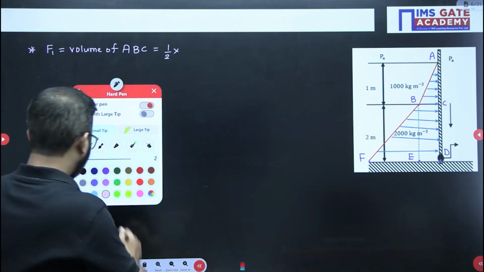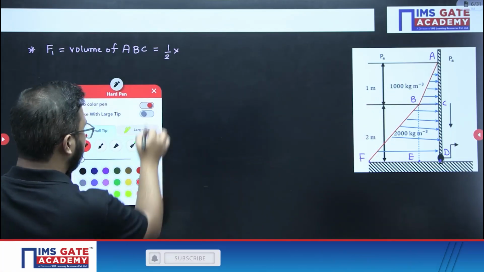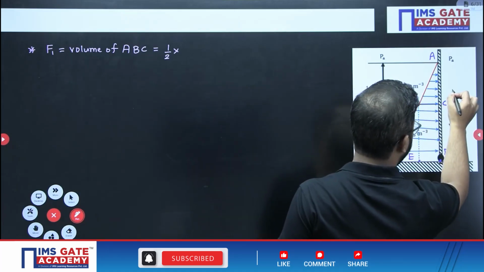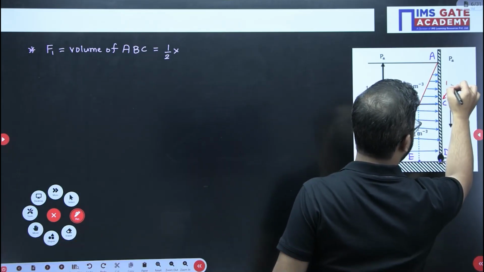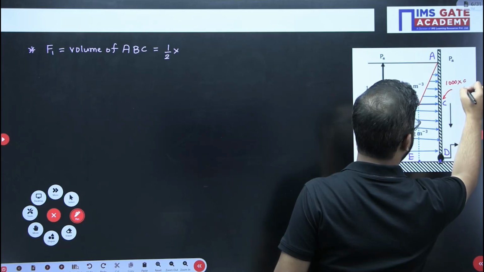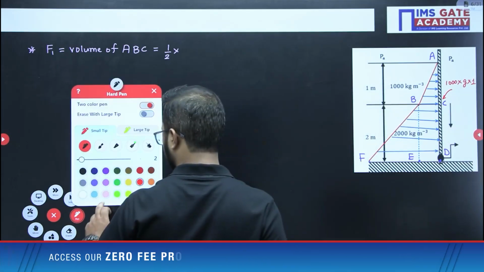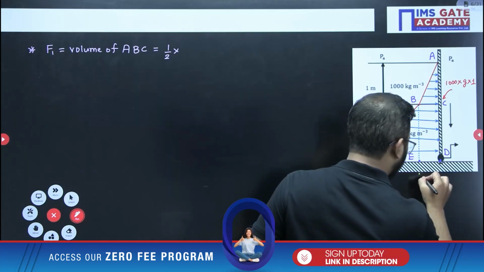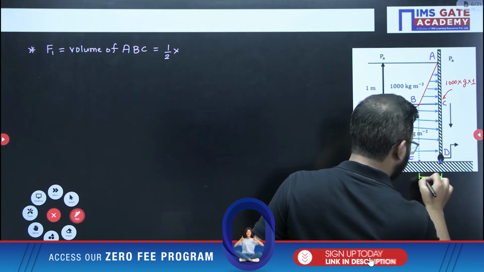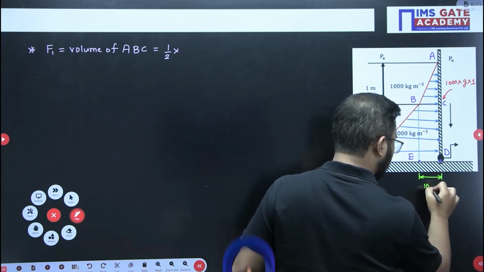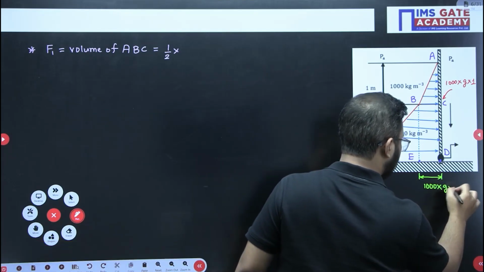So here we can write at this point, the pressure at BC would be 1000 into g into h, that is 1. Here in this case, it will remain the same. Density is 1000, so better write 1000 into g into h, that is 1.